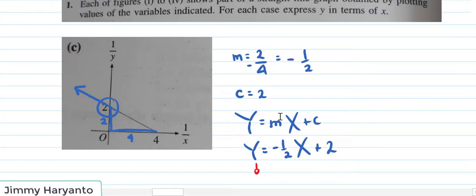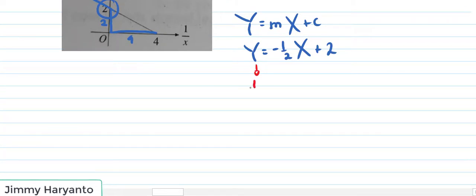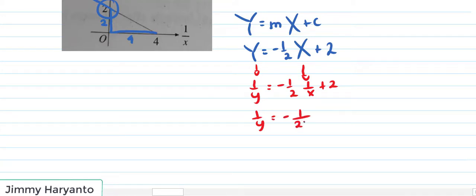This Y becomes 1 over y, and I need to change the X into 1 over x. So I have 1 over y equals negative 1 over 2x plus 2.